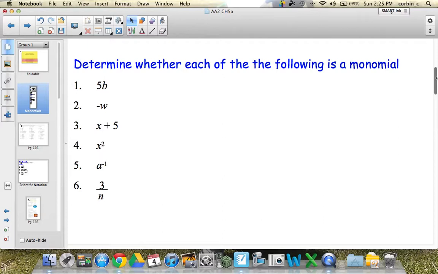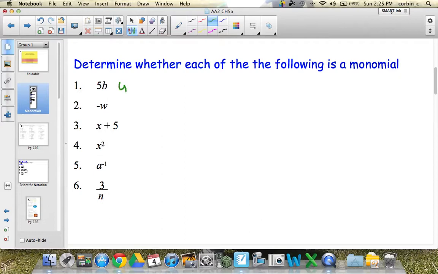Determine whether each of the following is a monomial. So what I want you to do right now is pause the video, write these down, give it your best guess using the rules from above, and then we will compare our answers in just a second. Okay, looking at number 1, 5b. 5 is a number, b is a variable, and 5b means that they are being multiplied.